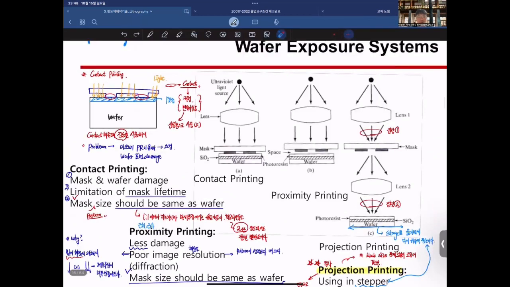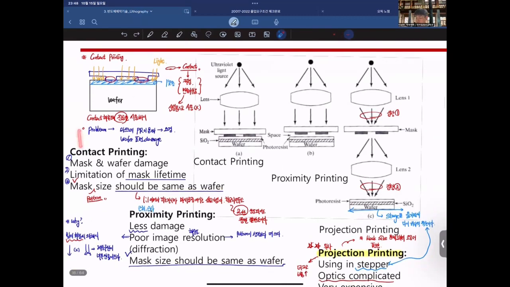And this is important, how we expose the light is first, second, third. First is contact printing, and proximity and projection.